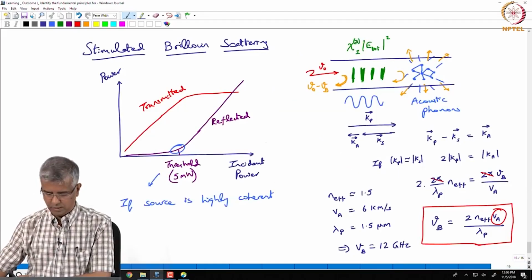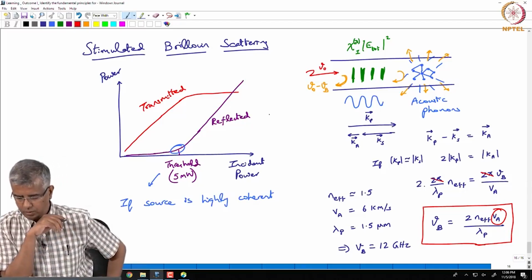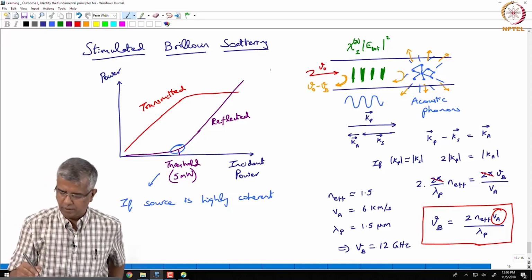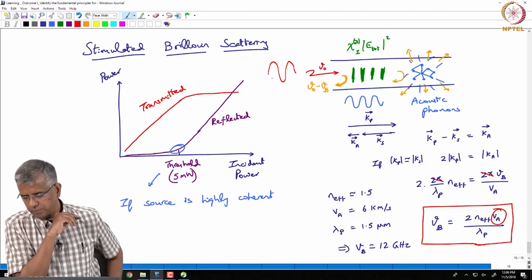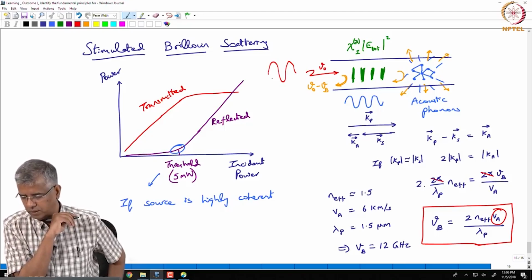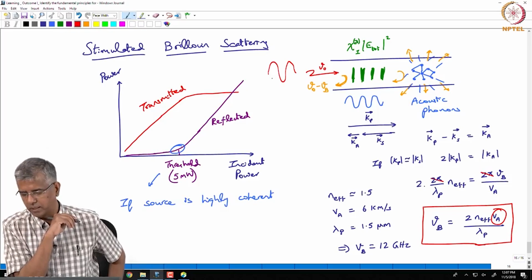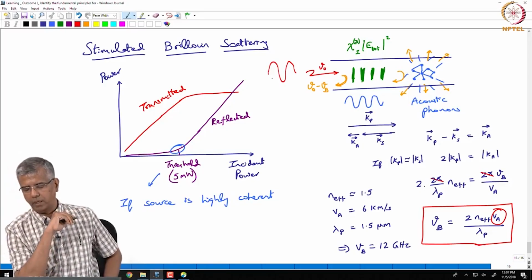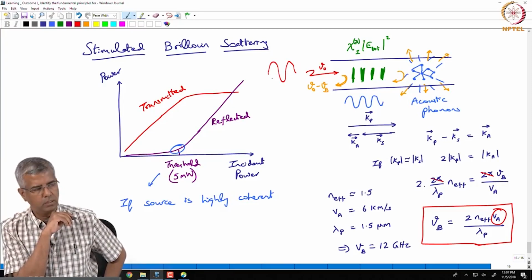So when we discussed stimulated Brillouin scattering, we talked about interaction of a light wave, in the ideal case a monochromatic light wave, scattering off what are called acoustic phonons, which are nothing but acoustic vibrational modes that are present in the medium at room temperature, and part of that scattering is going towards the source.